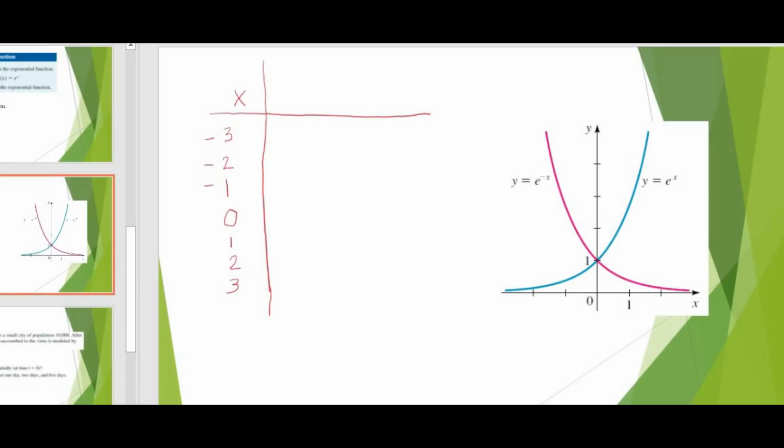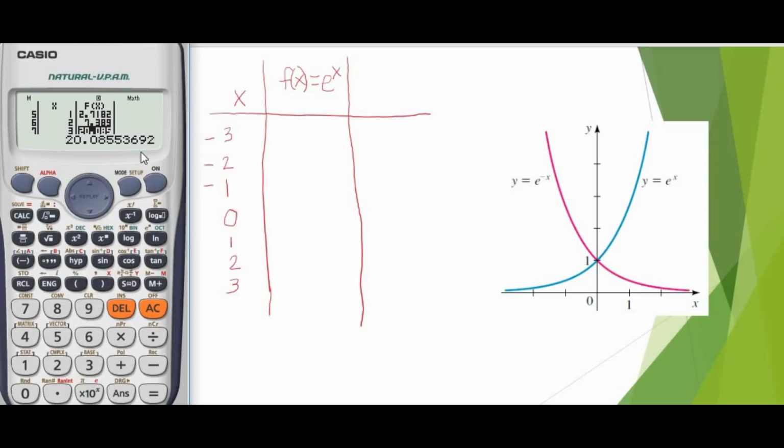Now our f of x is equal to e to the power of x, which we have previously determined through our calculator.